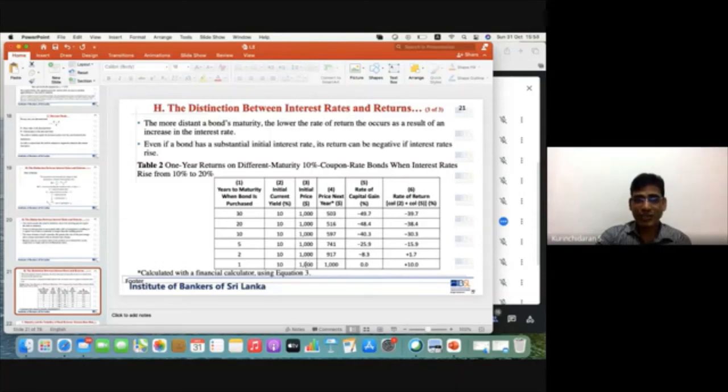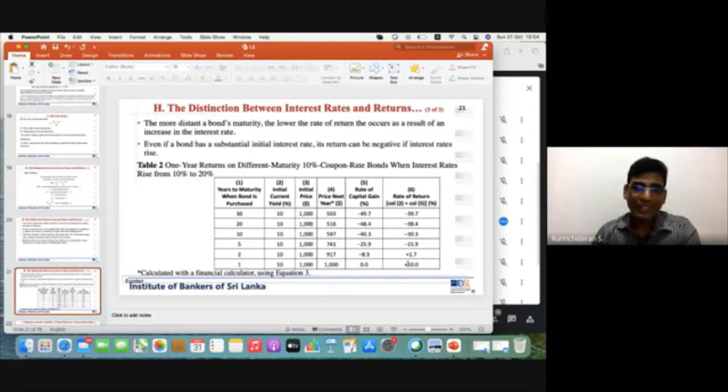You will get the 10% coupon, so at the end of 1 year you get the price and this coupon. You are not going to lose anything, and your rate of return is exactly 10%. Why? It's 1 year's time, nothing changed, because the remaining maturity is 1 year.